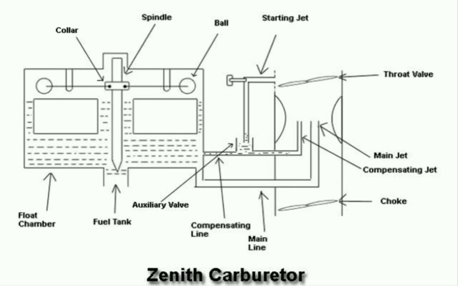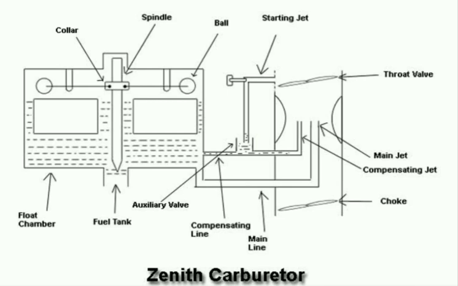This compensating jet gets fuel from the reservoir or auxiliary valve. Apart from the compensating jet, it also has a starting jet which helps the engine in starting, right? So it also gets fuel from the reservoir or auxiliary valve.